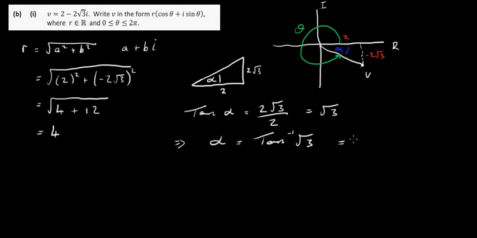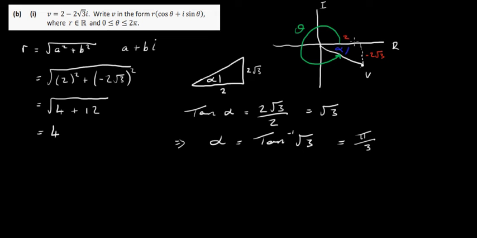If you look up your maths tables, you'll find that tan inverse root 3 is one of these special angles. It's actually pi over 3, which is 60 degrees. So in other words, this angle alpha is 60 degrees, or pi over 3.